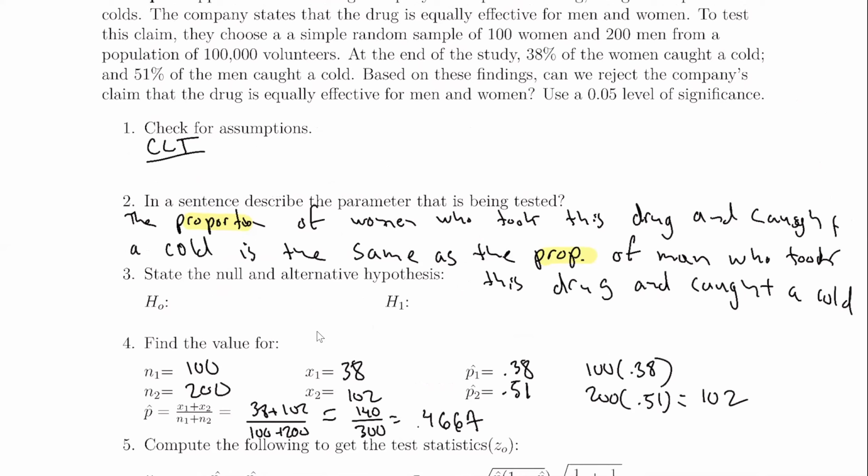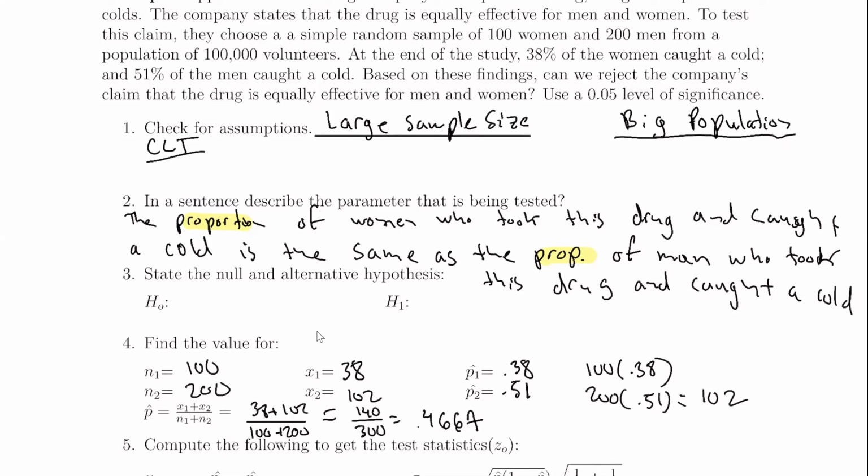The way that we can check to see if it's approximately normal is to check for large sample size, but we also have to check for big population. All right, so let's do this one.